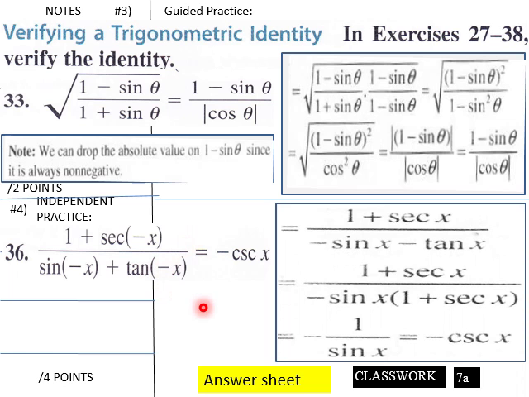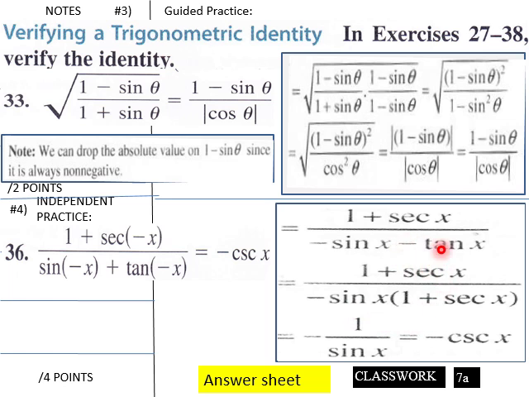And then 36, this becomes 1 plus secant x, because these are equal expressions here, over negative sine x. This is equal to minus sine x minus tan x. 1 plus secant x over negative of sine x.